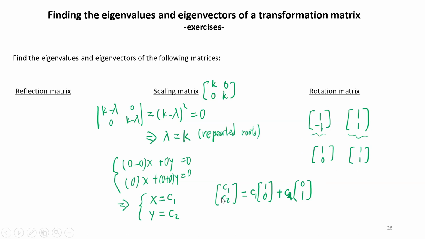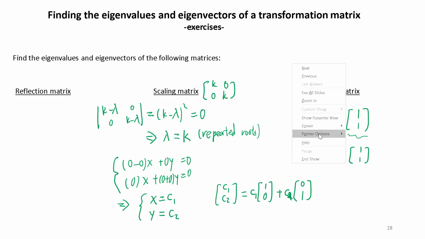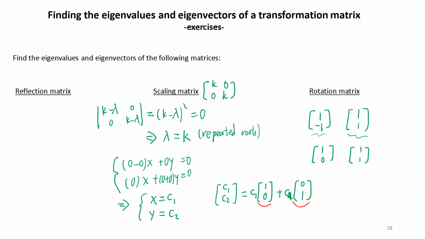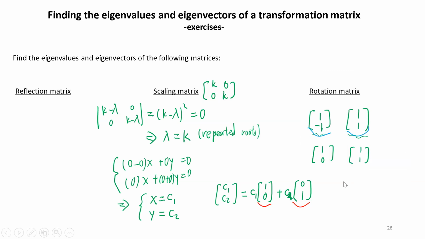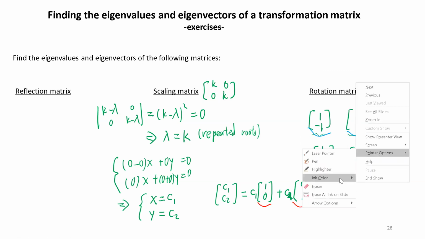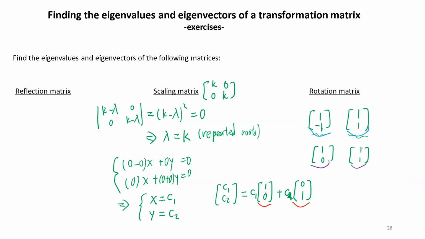So any vector that looks like this can still be written as a linear combination of these two vectors. So there are many choices that you can pick. This is your first set of choice, this is your second set of choice, and this is your third set of choice. You can find many more.